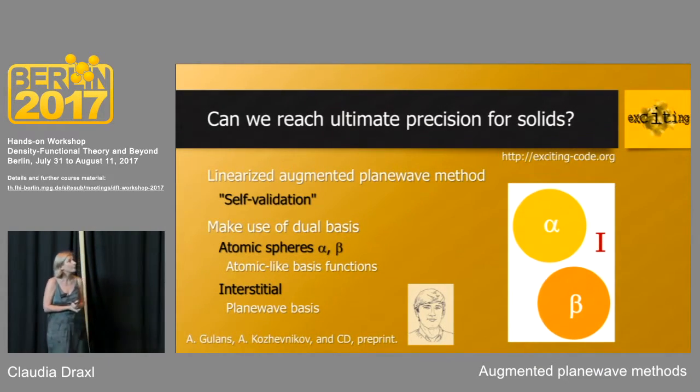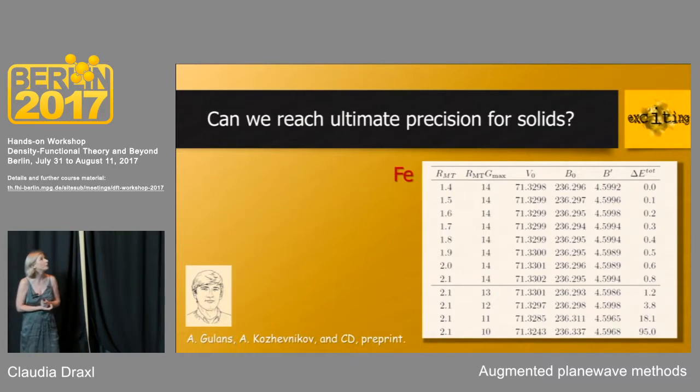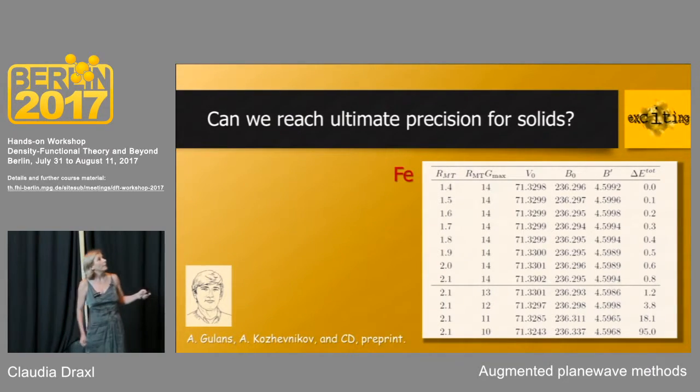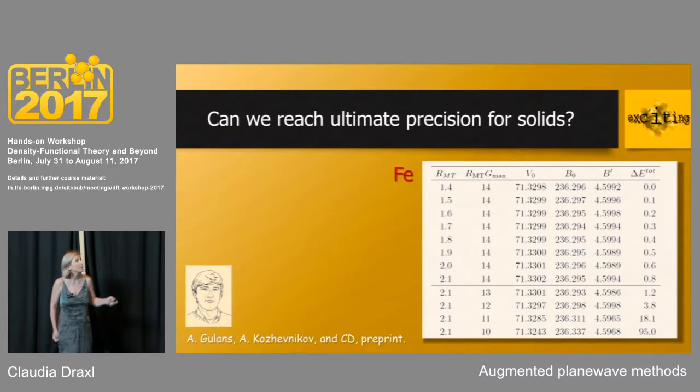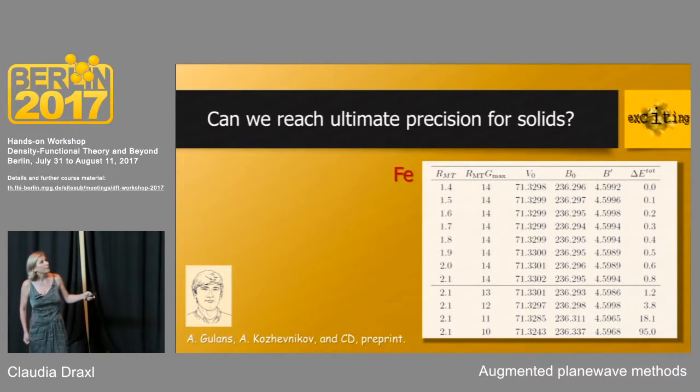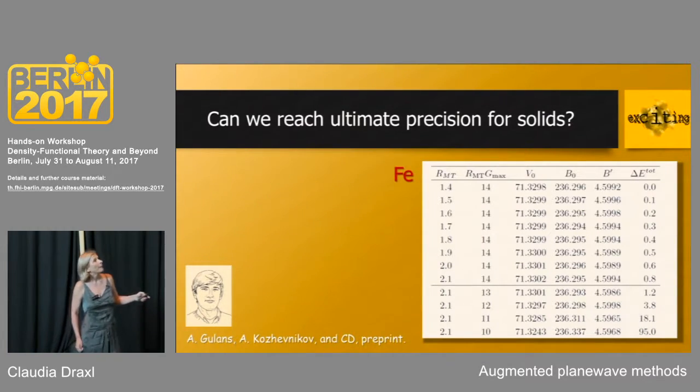Okay? So what I would like to show here is results for iron for the Birch-Murnaghan equation of state again. So we see the volume, the bulk modulus, the derivative of the bulk modulus, and the total energy for varying sphere sizes. So there's a big difference using 1.4 or 2.1. And then if you see here below, we have a small plane wave cutoff.